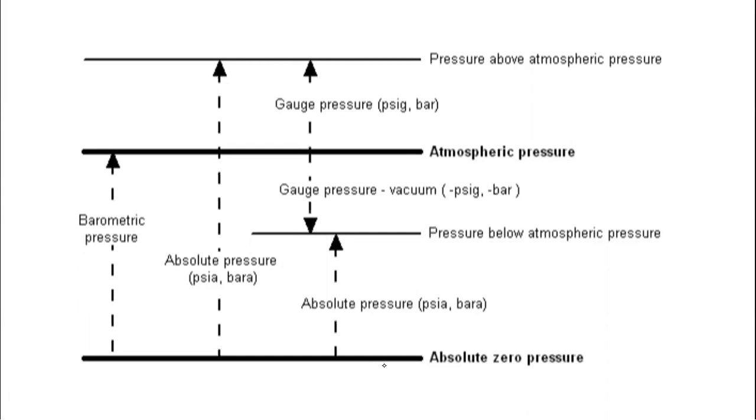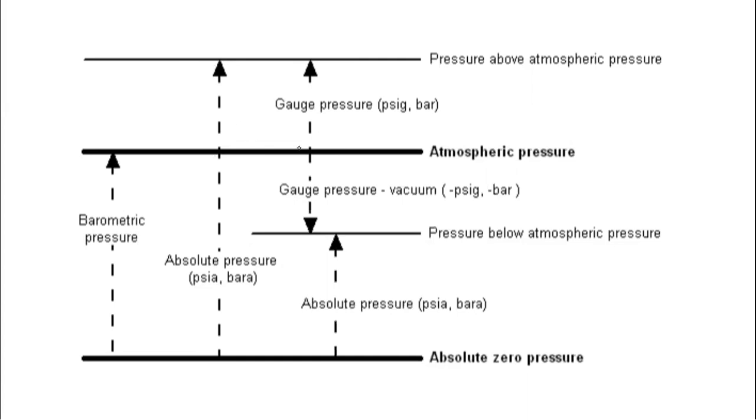So the absolute zero pressure starts here, and we have a constant value of atmospheric pressure. Any increase above the atmospheric pressure is what we call the gauge pressure. Summing up the atmospheric pressure and the gauge pressure is equal to the total absolute pressure.